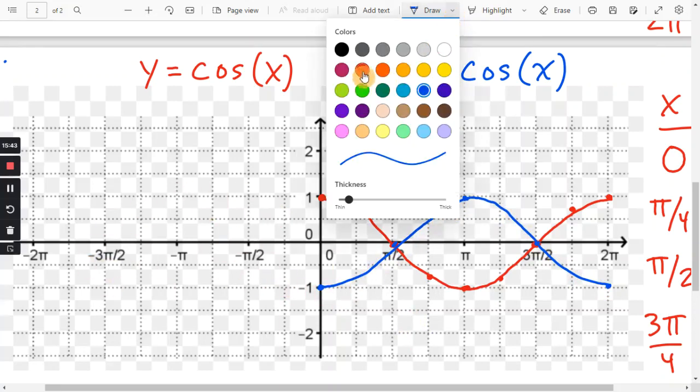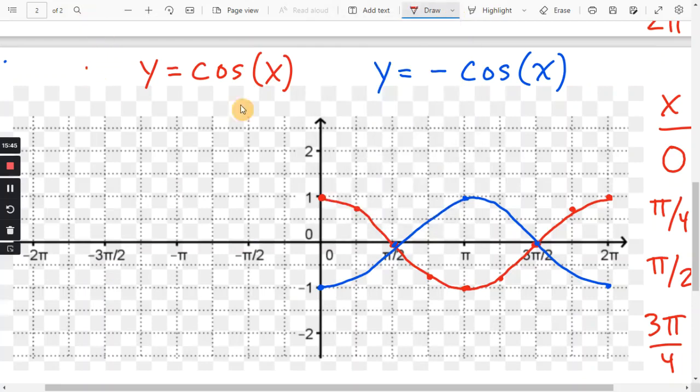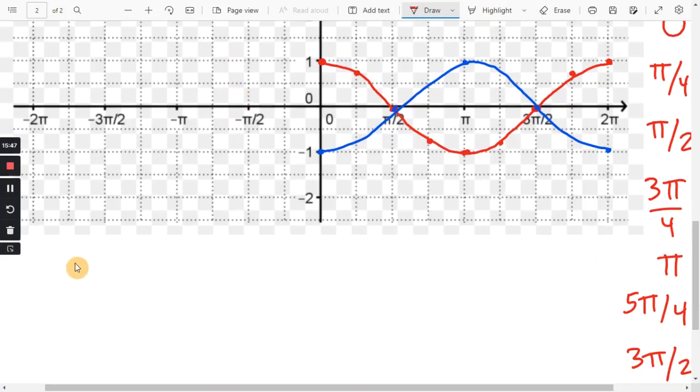So if we write out the characteristics just like before for the cosine of x, it starts at a maximum. All right, it starts at a max, and then after that, it heads to the midline. See, this will be the midline right here.